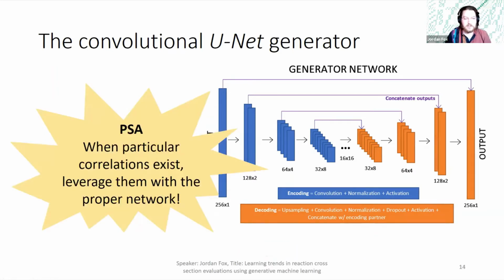And this leads into a little PSA that I'd like to make, where when particular correlations exist in your data, we should be leveraging those with the proper choice of model, or in this case, a network.